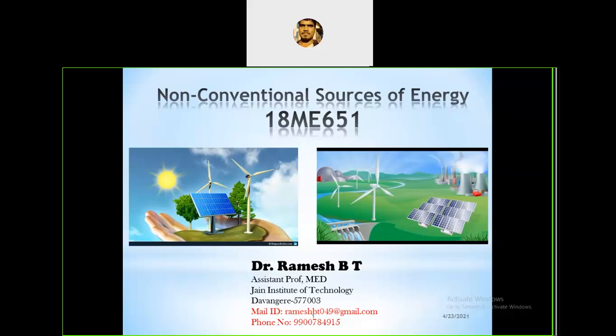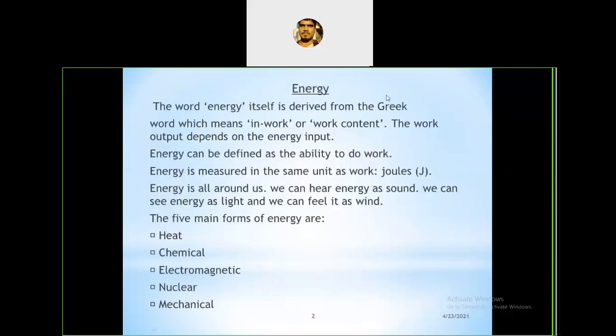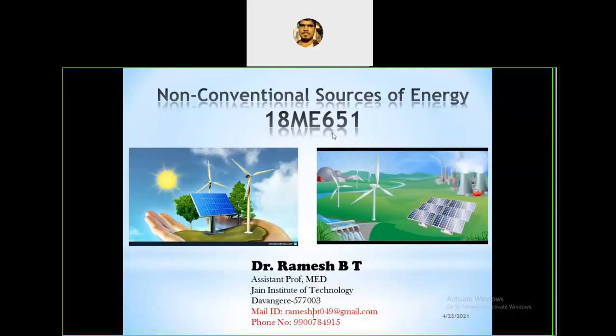See the first slide, you can observe that it's non-conventional energy sources. In the first slide, there are some pictures which describe non-conventional or renewable energy sources. These are the devices which convert one form of energy into another usable form.